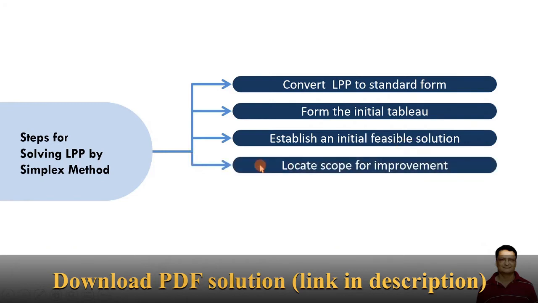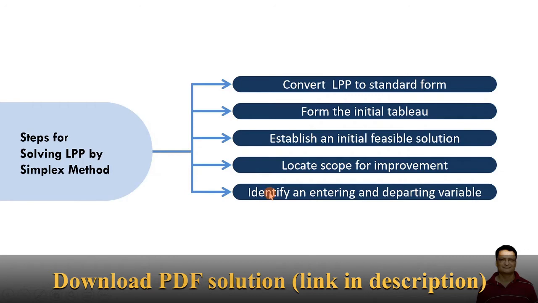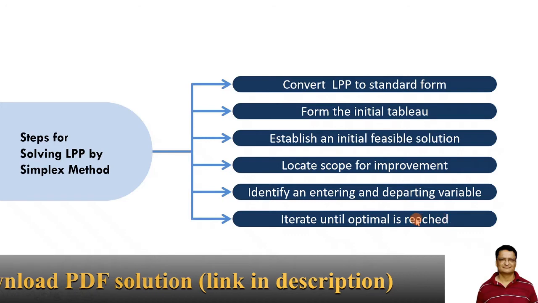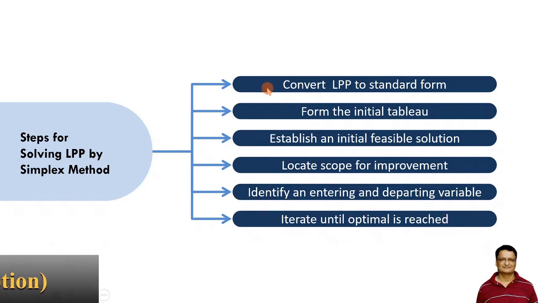The next step is to locate the scope for improvement. Then we identify an entering variable and a departing variable, and we iterate these two steps until we get the optimum solution. This is a summary of the steps involved in solving the LPP with the simplex method.